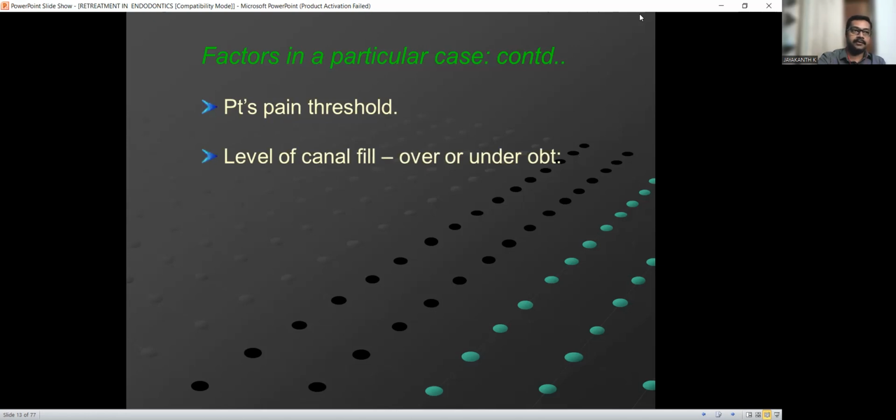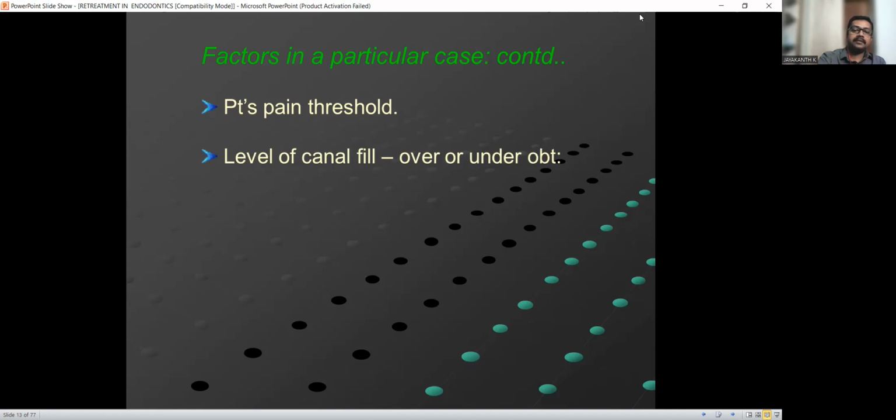The level of your treatment, level of canal fill, over or under obturation. This is again going to be a very important factor. It's very obvious that if you over obturate your canal, there can be failure and your symptoms can arise, pain or inflammation.